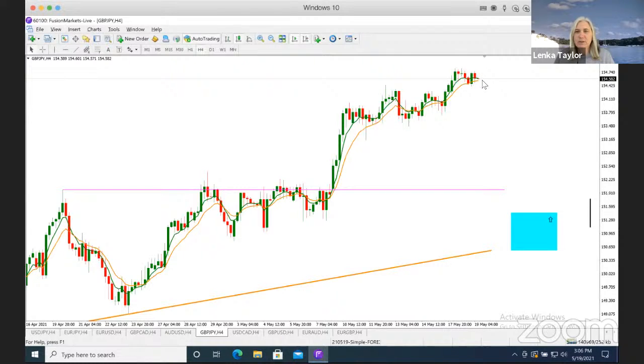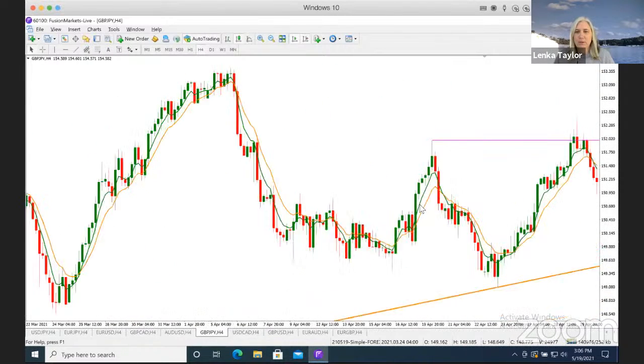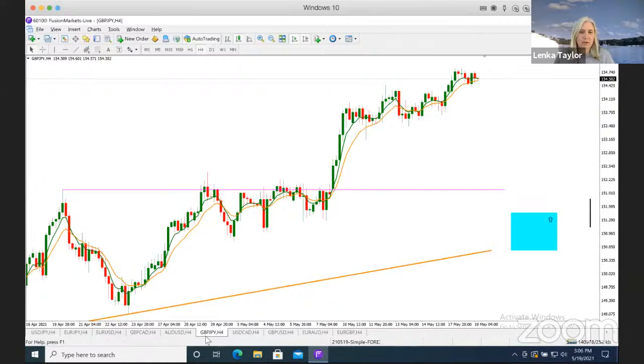At the moment, it's still going up. The pullback is going to be required all the way down to either the previous highs or to the top of the channel there. Anywhere around there. That might take a while. So that's not a trade setup that I would be looking to take anytime soon.